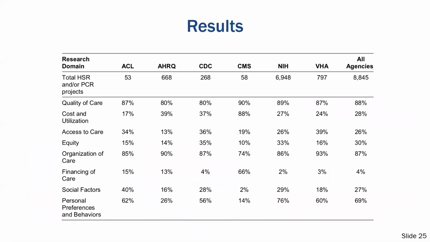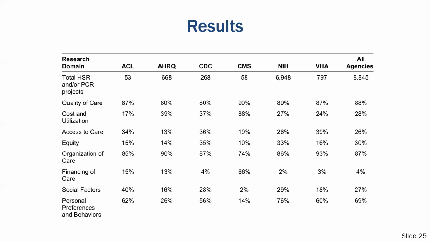We then took the manual results, the gold standard answers that we had for 3,000 of the projects. We took the machine learning results for the remaining 90,000 projects and added them up for each of the agencies, for all 20 categories.